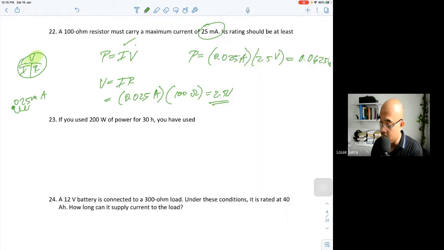So this is 0.0625 watts. That should be the answer. This should be the at least, the minimum wattage for that particular resistor.